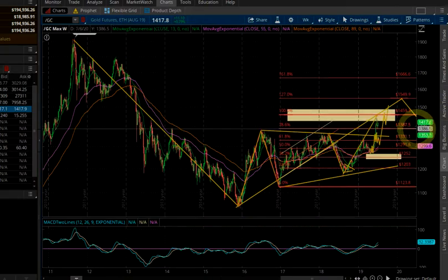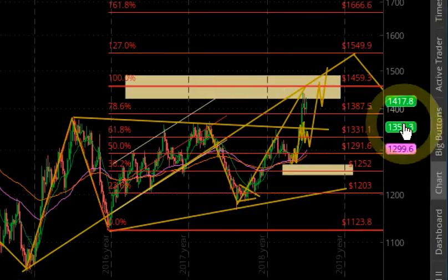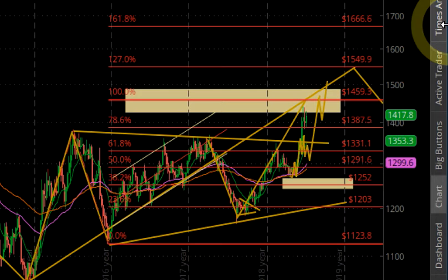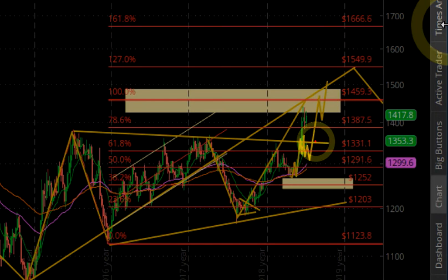Now, let me zoom in here a little bit. What I've got showing here on the chart, I guess I'm off on the timing. I had this running out a little further, but I think it still could get there. But essentially, gold, I guess, pulls back a little bit and then starts rallying up into this, I've got this yellow box here, but it could go a little higher.